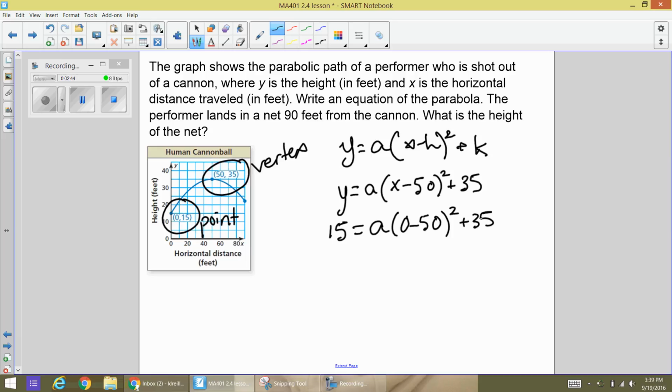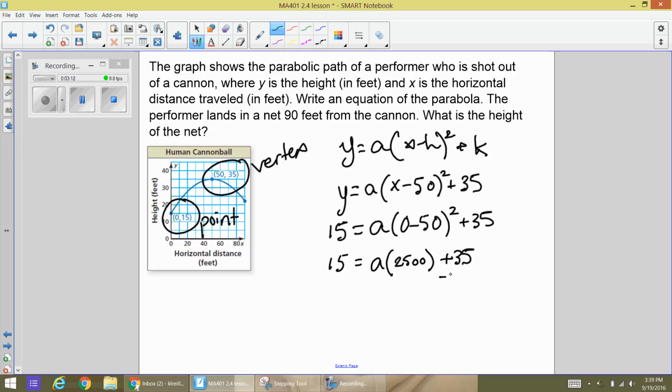And now I need to use my calculator, or maybe I can do it in my head. So I've got 15 equals a times, now negative, so first of all, 0 minus 50 is just negative 50, and negative 50 squared is 2,500, plus 35.